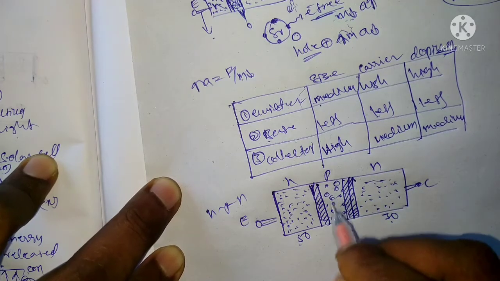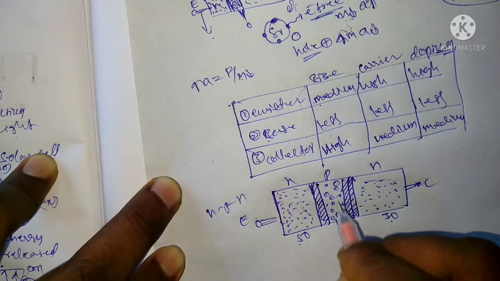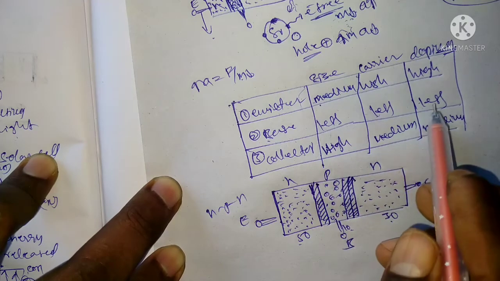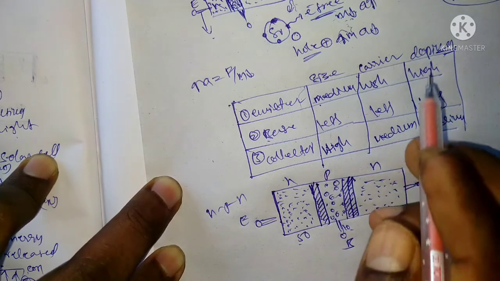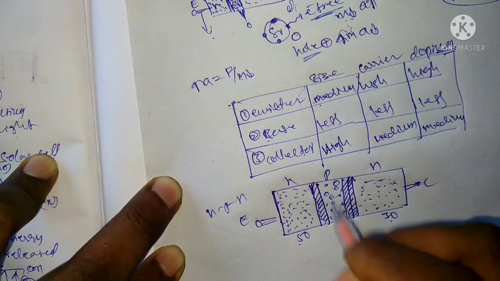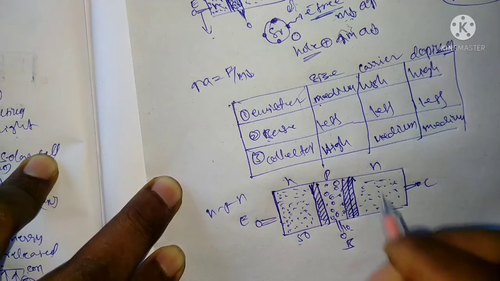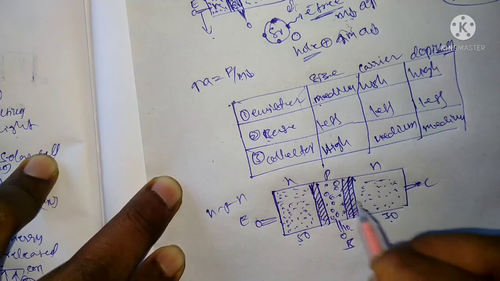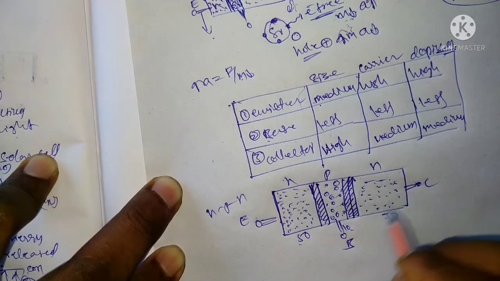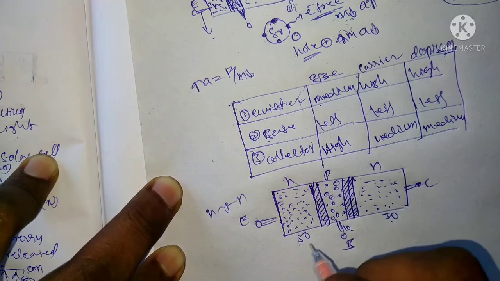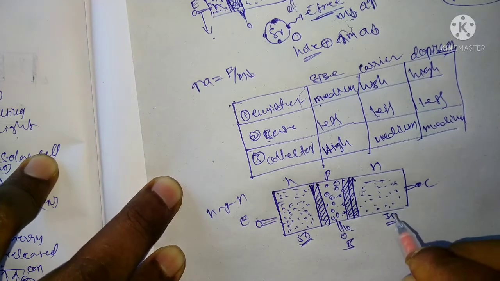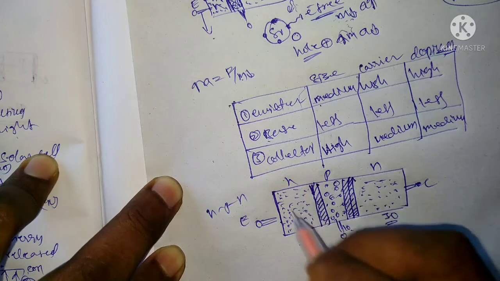The charge carriers are less in the base region, and it is less doped, with low doping concentration compared to the collector. The collector has high size compared to the emitter and base, and medium carrier concentration. Here 50 charge carriers, here 30 charge carriers.